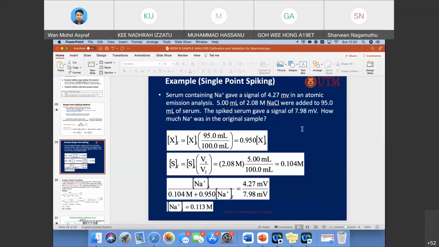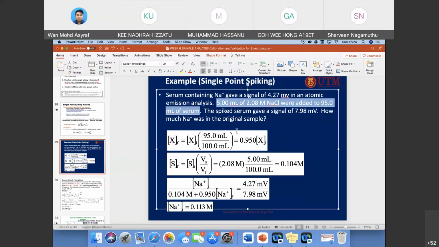So this is called a spike. We add 5 ml of sodium chloride into the 95 ml of the serum. The spiked serum gives 7.98 mV. Just now the serum only is 4.27 mV, and the spiked one is 7.98 mV.